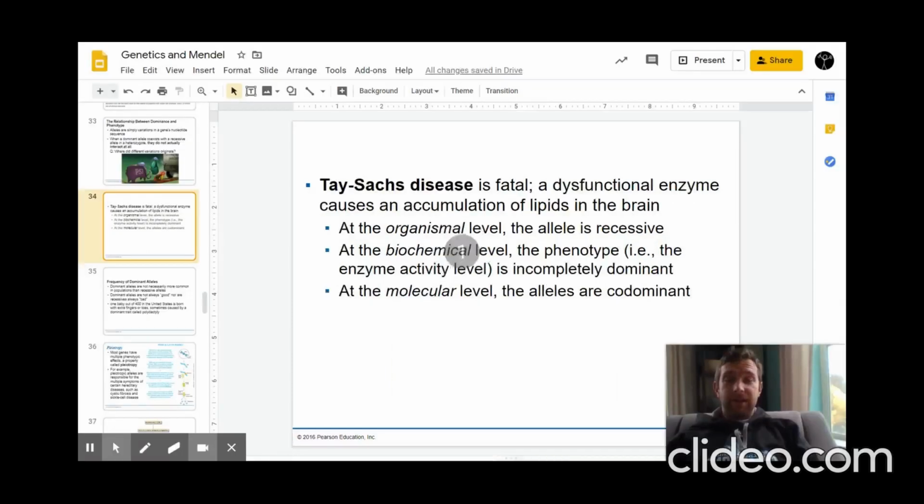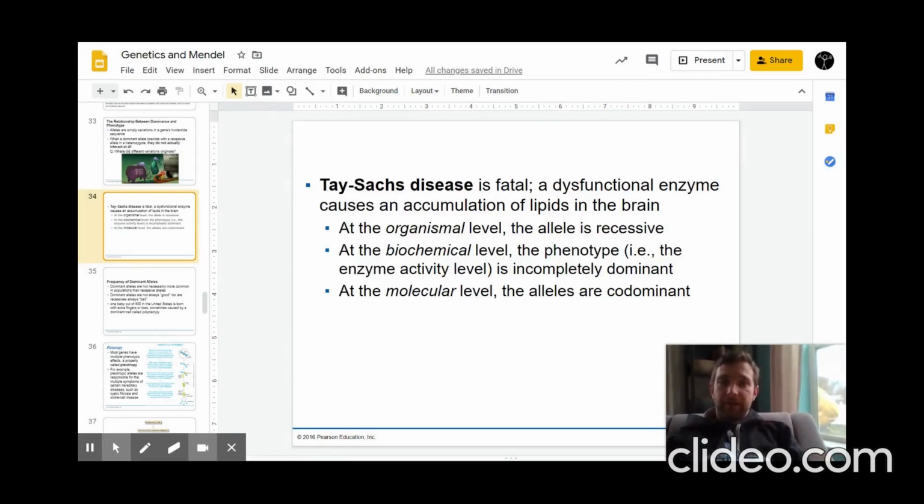So in the context of dominant and recessive traits, Tay-Sachs is a good example to go through. Tay-Sachs is a lysosomal storage disorder. We learned about it in our cells unit, and it can present as dominant, codominant, or recessive, depending on what traits you inherit and what level we look at.